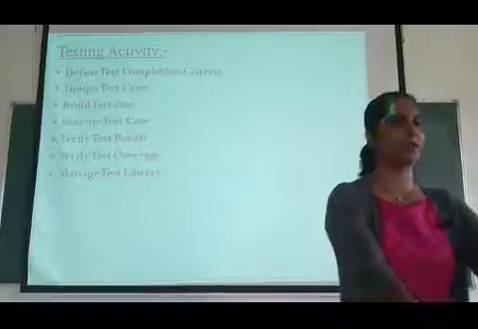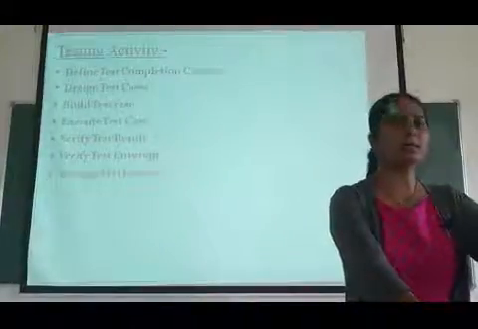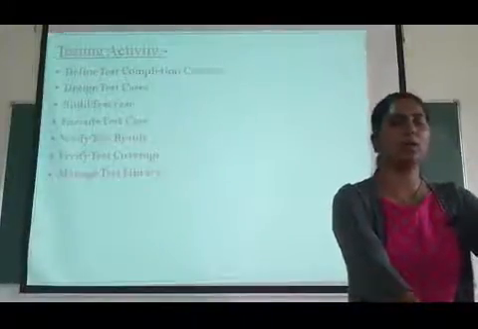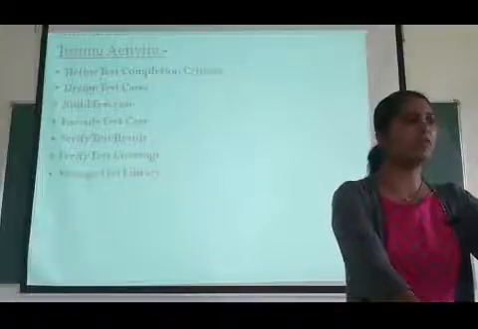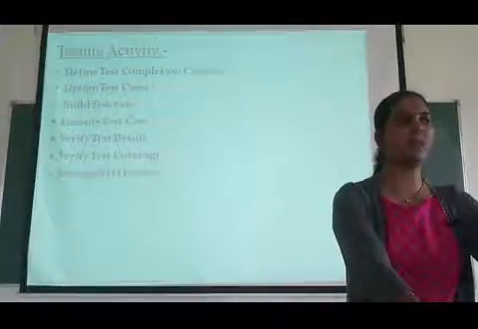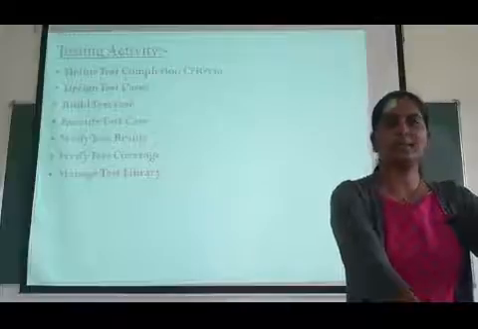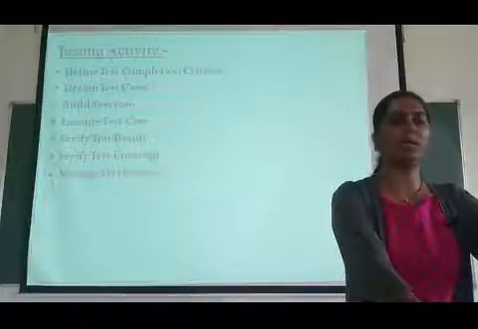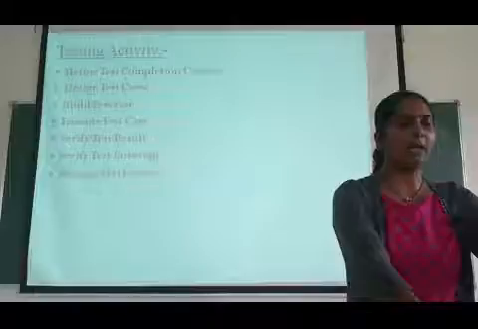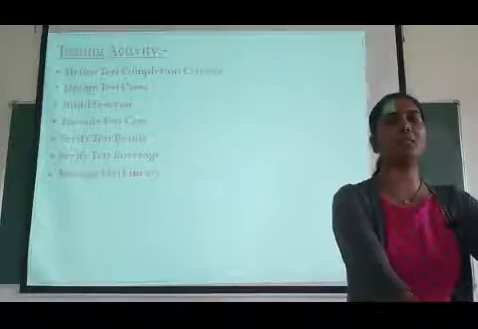So, consider over here. First is defining the test completion criteria. The testing should be defined in quantifiable terms, and the goal is considered achieved only when the test coverage is 100%.